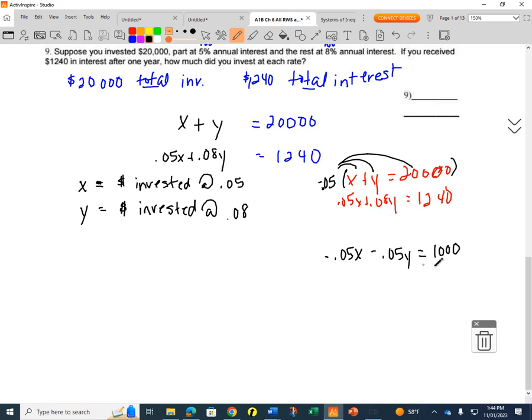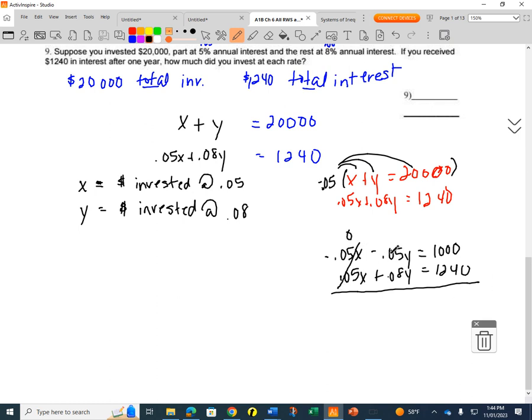Alright, so now we're going to bring down the other equation that we already had, just rewrite it. And now we add them together. We add those together, we get 0, and then we've eliminated a variable.